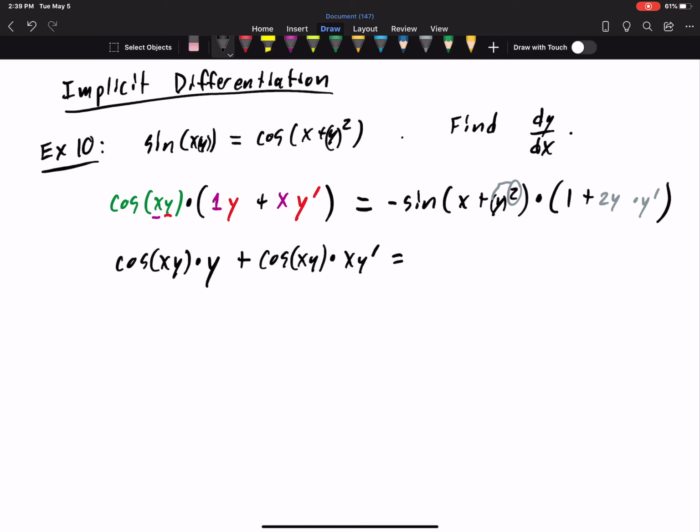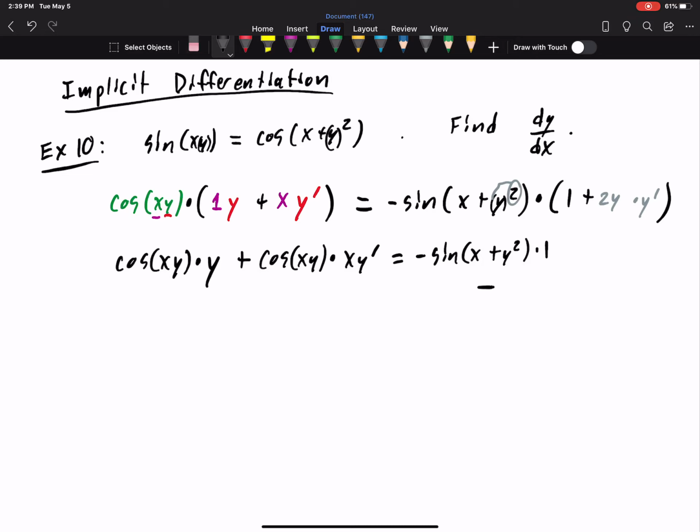Now we need to handle the right-hand side. Same approach. You're going to take this minus sine of stuff, distribute it to each of those terms inside the second set of parentheses. So you have minus sine of x plus y squared times 1. So you can write that if you like. Plus, I'm going to run out of space, so I'm going to put a plus here in the next line. Or rather minus, because we have a minus sign.